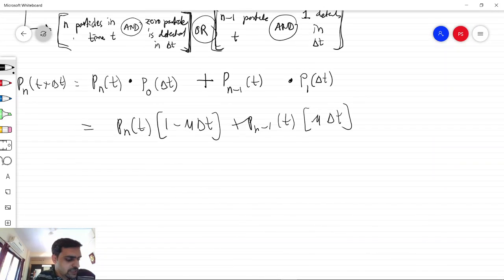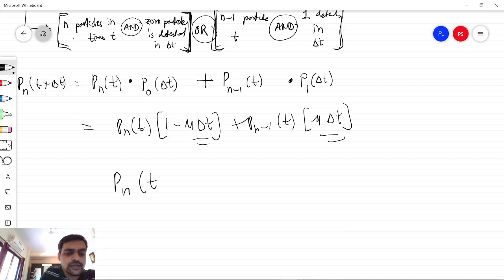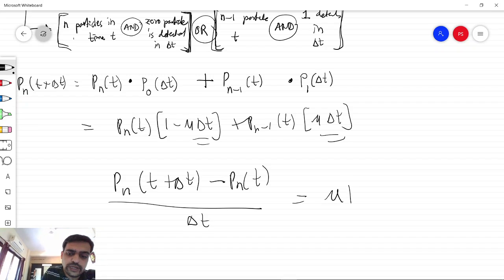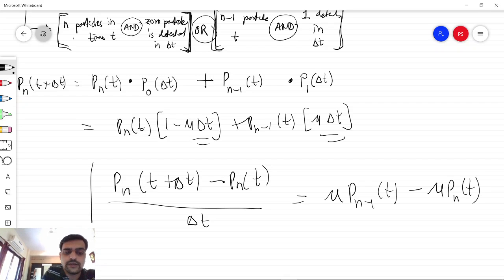Now this can be further simplified. This mu delta t can be taken common, of course, and this can always be simplified to write as Pn of t plus delta t minus Pn of t, divided by delta t, is equal to mu times Pn minus 1 of t minus mu times Pn of t, right?